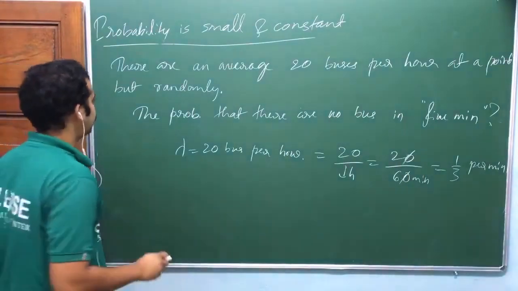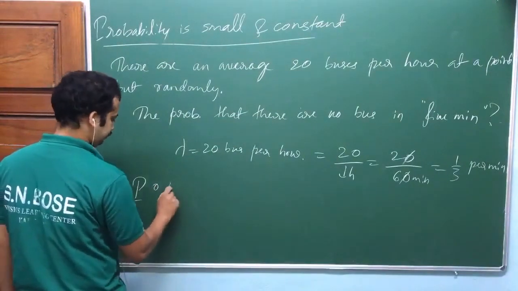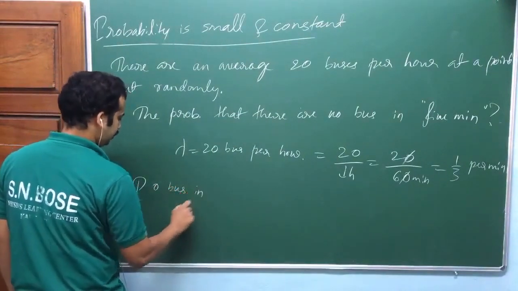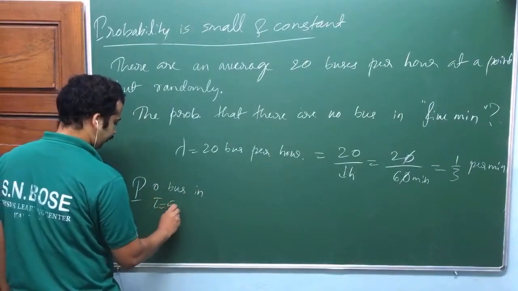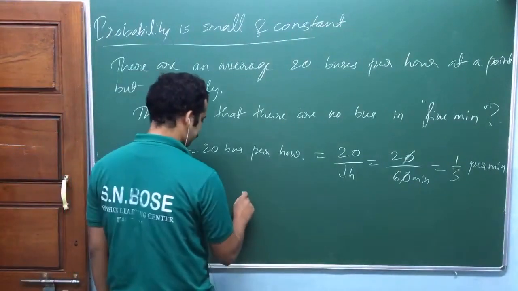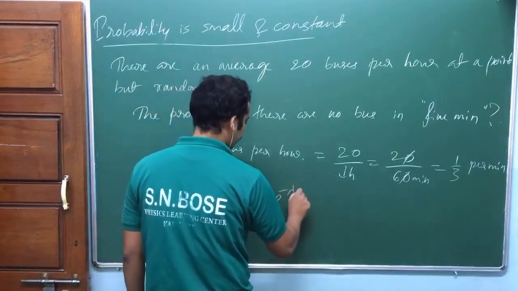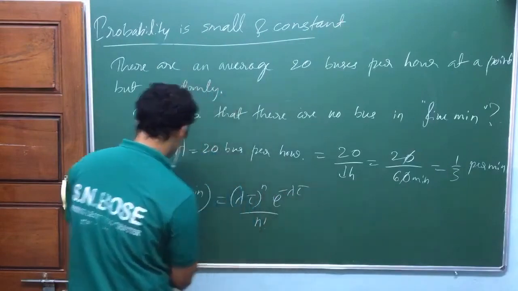Now the next question is, what is the probability of getting 0 bus in 5 minutes? Am I right? That's equal to lambda tau whole power n, e power minus lambda tau, divided by n factorial, n equal to 0 here.